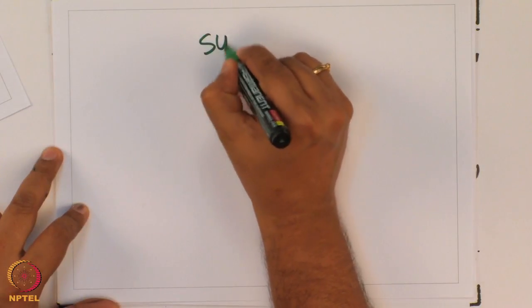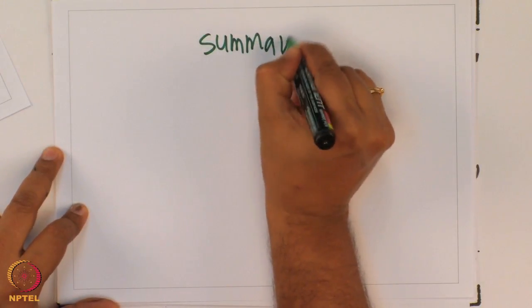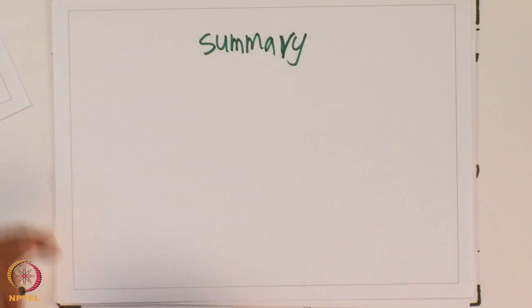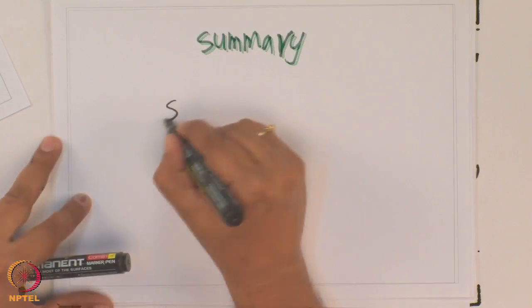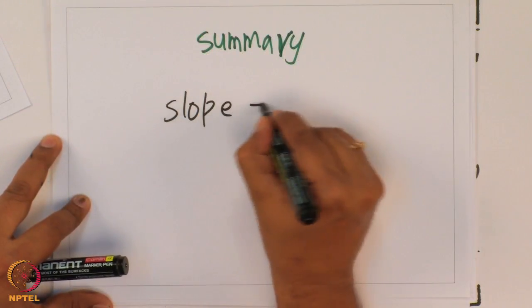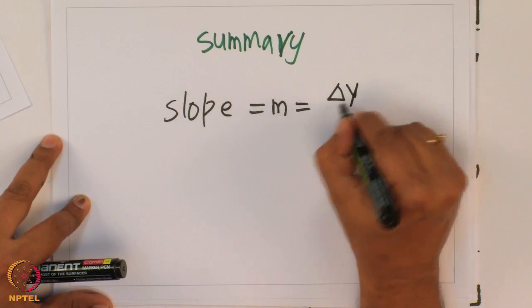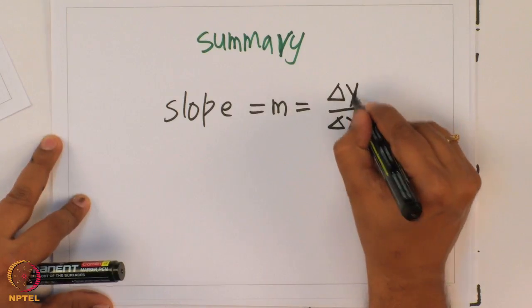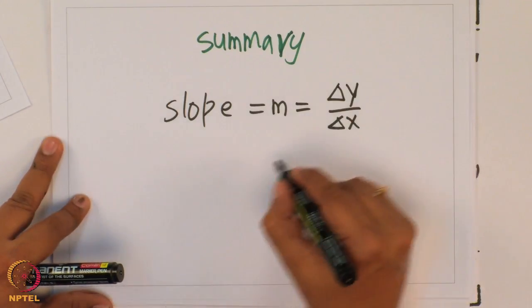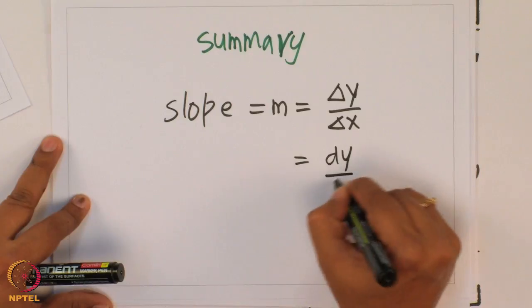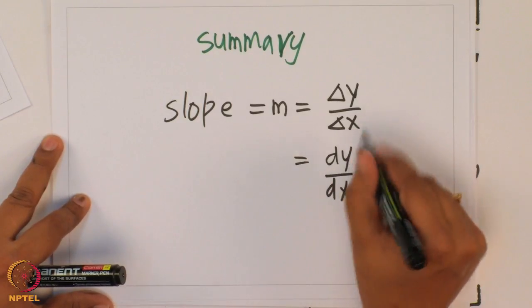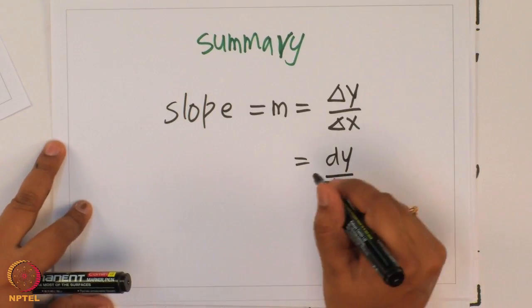To summarize what we just did so far, we talked about slope, which we call m, which is delta y by delta x, change in y divided by change in x, which we also call dy by dx, and at the moment they are the same.